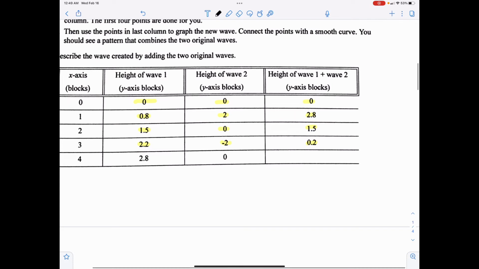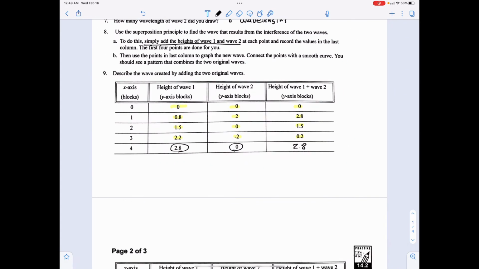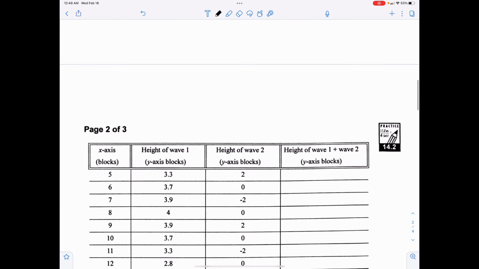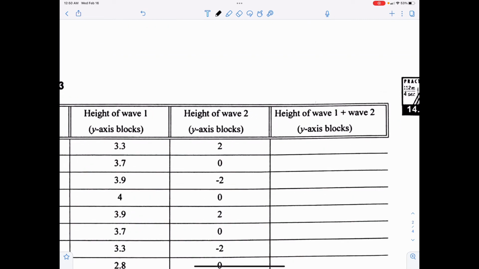Okay, so the next one, of course, would be 2.8 plus 0, which would be 2.8. And then we're going to go 3.3 plus 2 is 5.3. 3.7 plus 0 is 3.7.